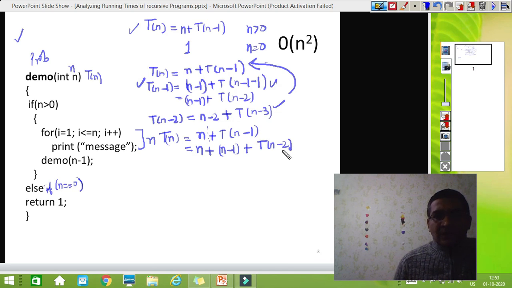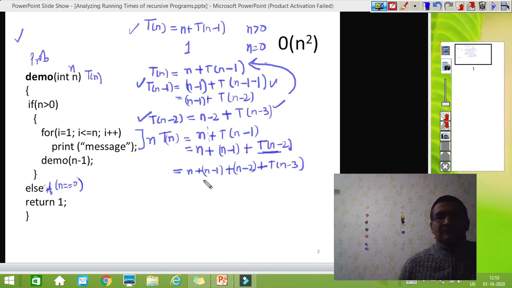Now this term I can replace from here. So I will get n plus n minus 1 plus, now this I am going to replace from here, n minus 2 plus T of n minus 3. So this is how our equation keeps on expanding.